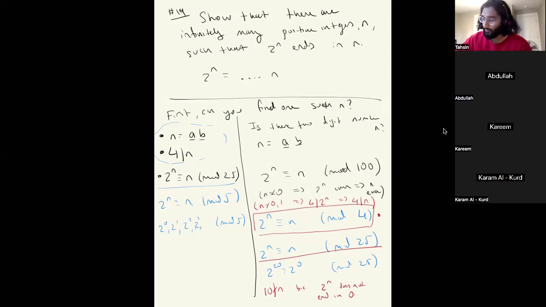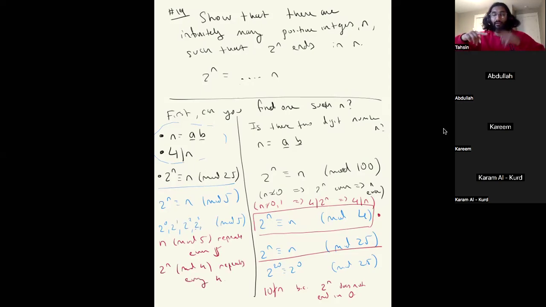This is a good observation. Your observation is that n mod 5 repeats every 5, but 2 to the n mod 5 repeats every 4, so you can make n and 2 to the n equal to whatever you want. The key point is 4 and 5 are coprime.